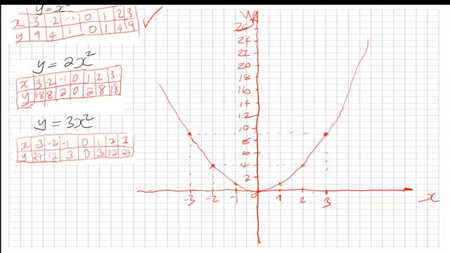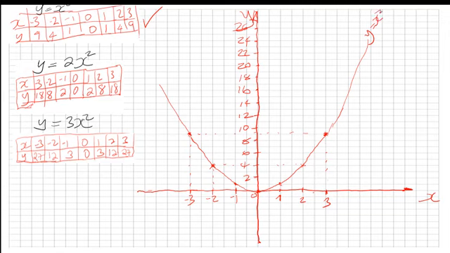This one is y is equal to x squared. Maybe before we label them, let's see how the others come out. Okay, maybe let's just say here y is equal to x squared.